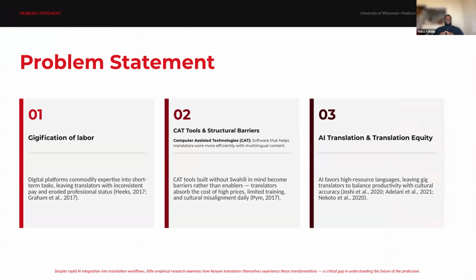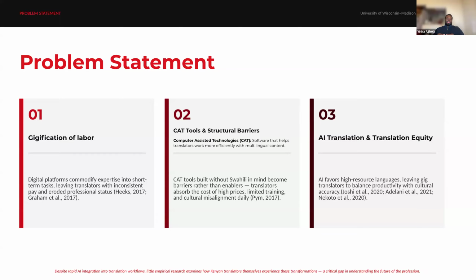And the very technological tools meant to support them, in this case specifically the CAT tools, which are computer assisted technologies, which are software that helps translators move more efficiently with multilingual content, are primarily designed for European languages and do not fully support a language like Swahili, and they also miss critical cultural context. And in addition to that, we're talking about artificial intelligence compounding this problem as well.